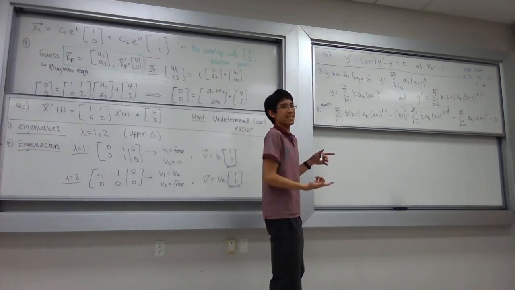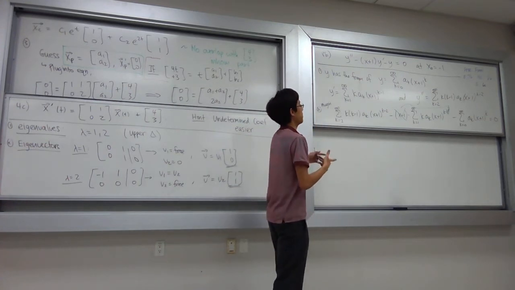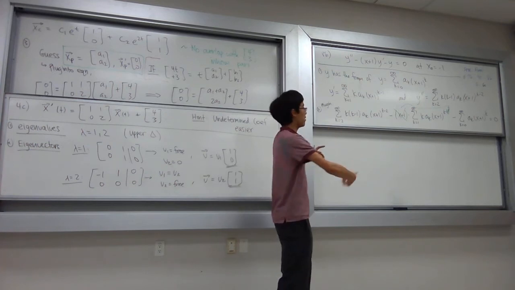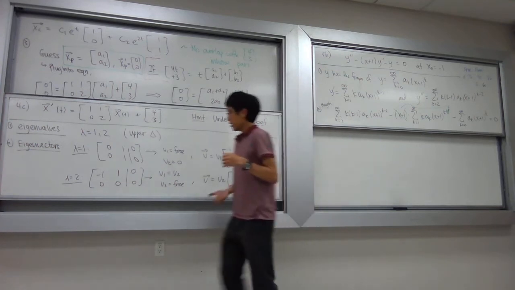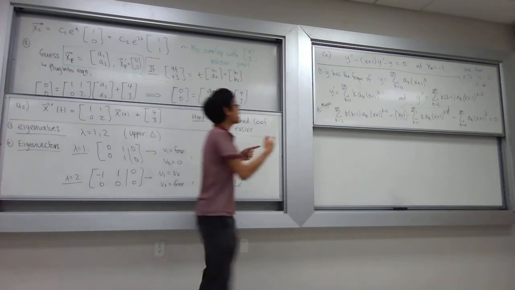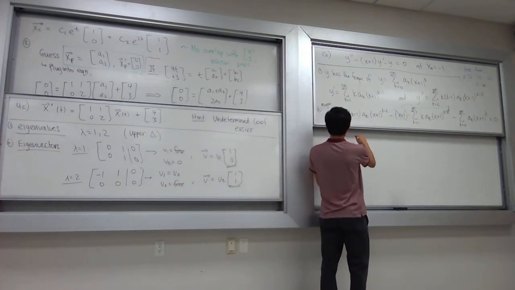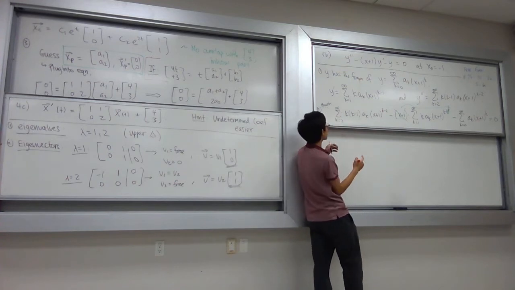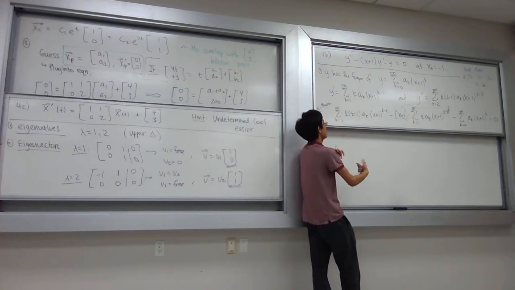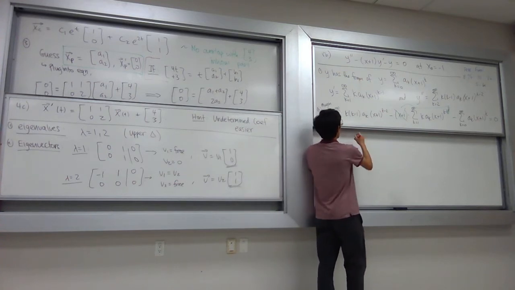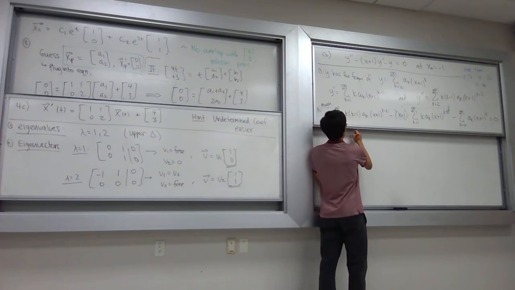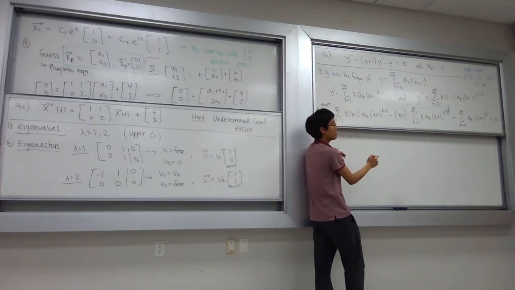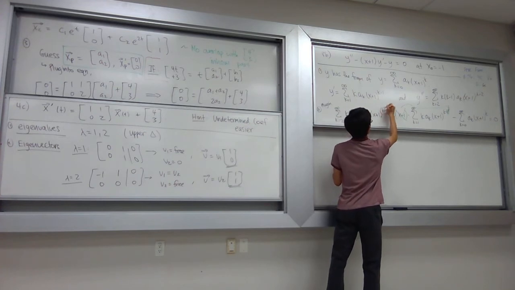I would recommend re-indexing everything according to the powers of x plus 1 to the n. That's what we did before. So for the first series, what's our n in the first series? From reshifting. Close. k minus 2. You want it to be the exponent here.